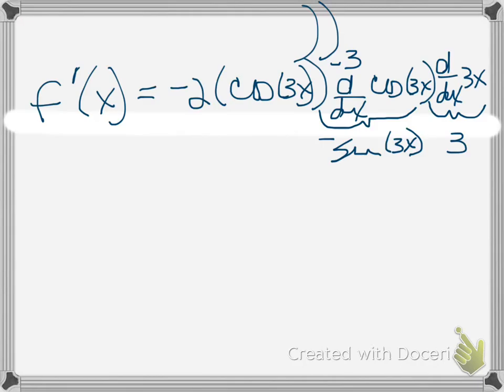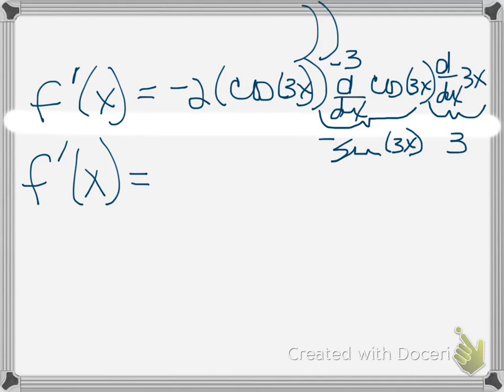Okay, so there we have it. Now, that would be a terrible answer. I would never leave my answer in that form. So let's begin the cleanup process. Keep your notation good so that you're not confusing yourself as to what you're doing. Alright, so now I have a negative in front of the sine 3x, I have a negative in front of the whole term. That means my negatives will cancel.